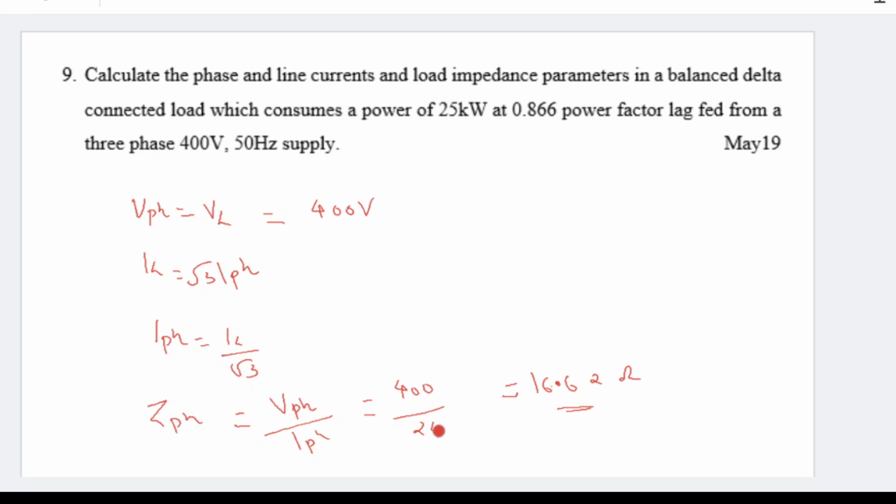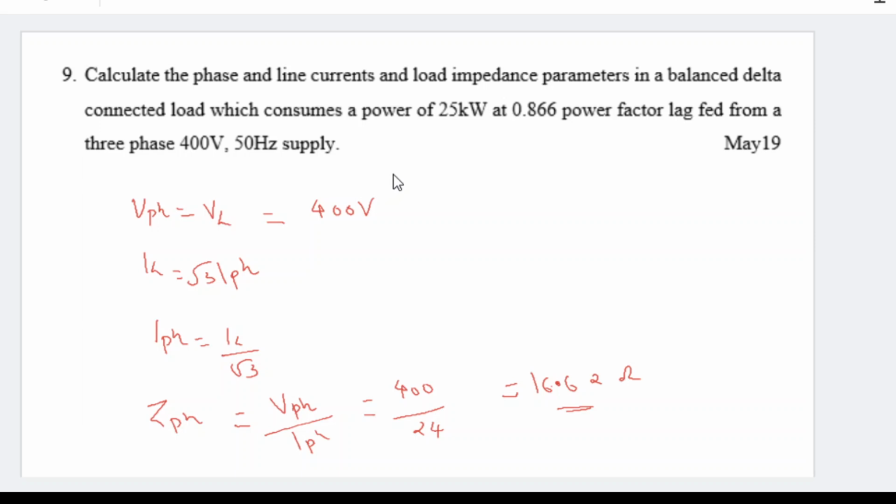So I think this was a very easy question for you. Also, they were asking to find out the load impedance parameters. They are saying 0.866 power factor lag. That means the circuit will be an RL circuit, isn't it?